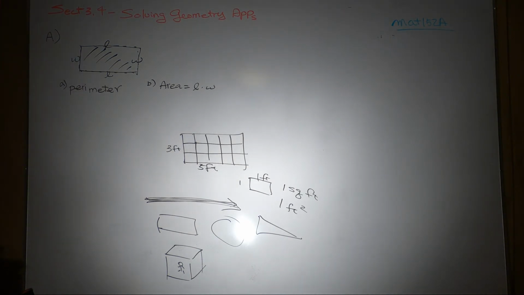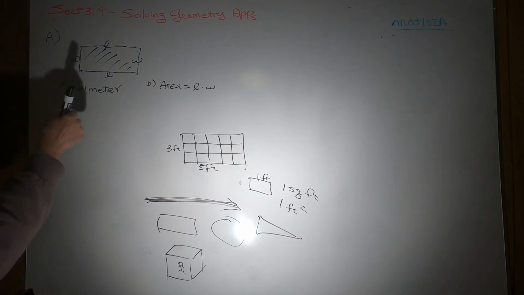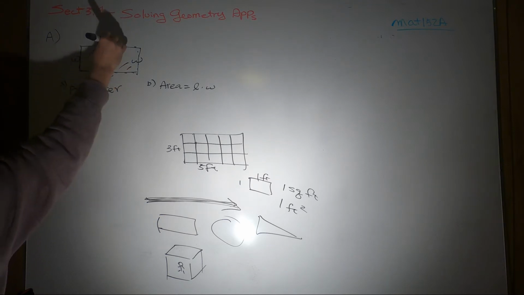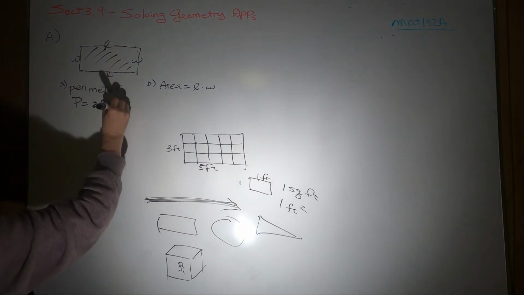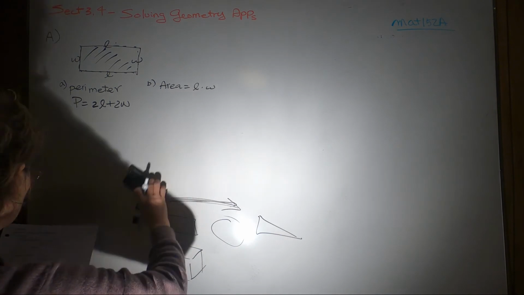If you look at your room around you, how many rectangular things are there? Everywhere: your ceiling, your windows, the board here. So if we measure it, the perimeter would be 2 of those lengths and 2 of those widths. That's how we calculate that.